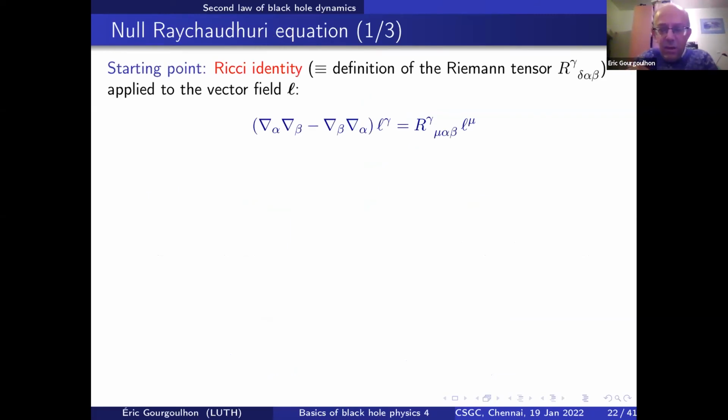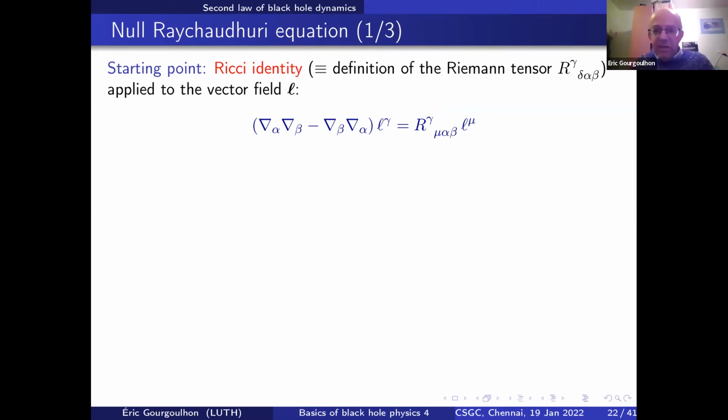And now to move on, we need to establish a famous identity, which is very useful in general relativity. This is the so-called Raychaudhuri equation, and here we will focus on the null version of this equation. So what is the Raychaudhuri equation?